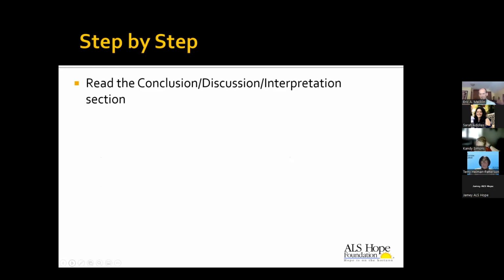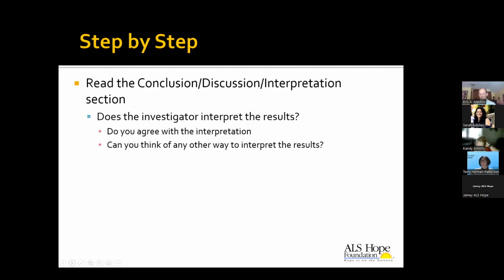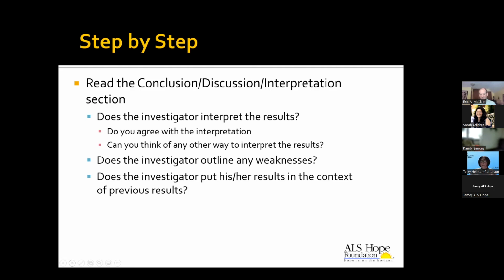Sometimes they call it conclusion, sometimes discussion, and this should interpret the results. And do you agree with the way an investigator interprets the results, or would you come up with something different? Can you think of another way to look at it? And does the investigator tell you what the possible problems are with the data, and put it in the context of what's been known before, what's gone before?